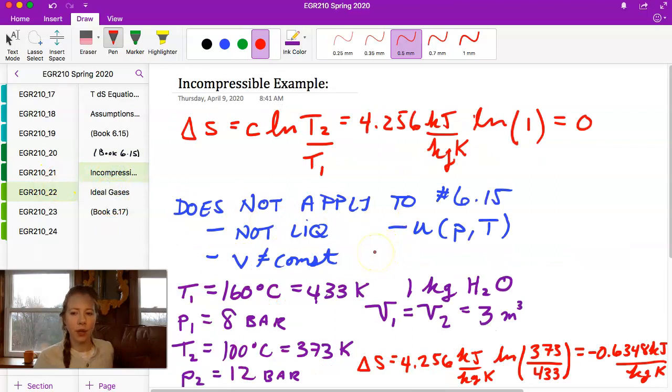All right. So next up, actually, let's calculate this one more way too. So we could use this incompressible substance model, and we could also look up S1 and S2 using table A2.